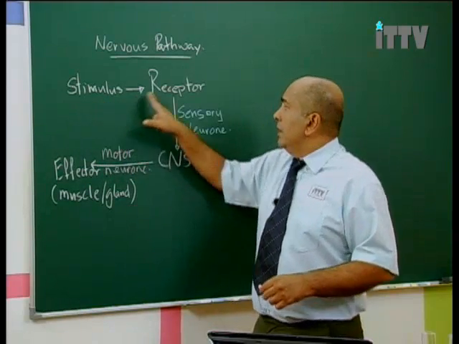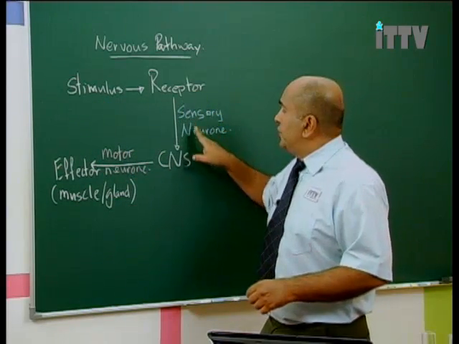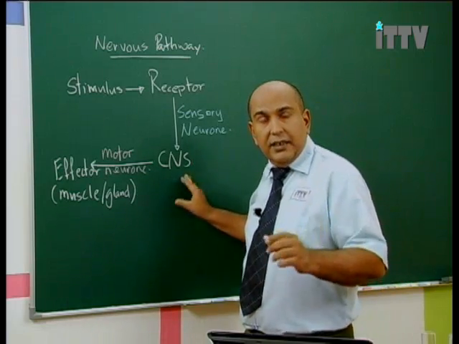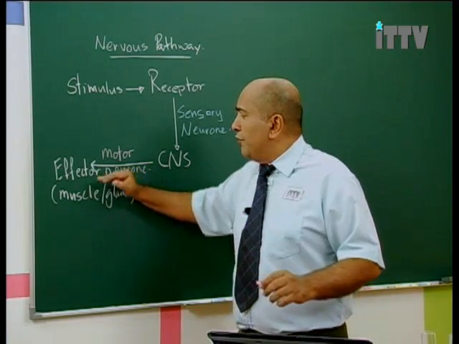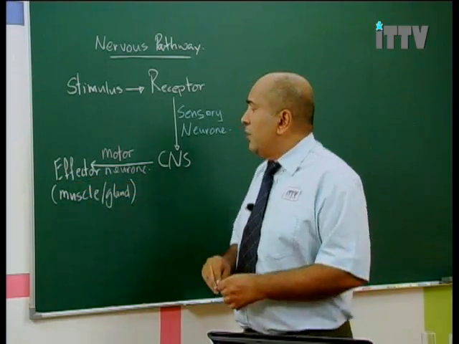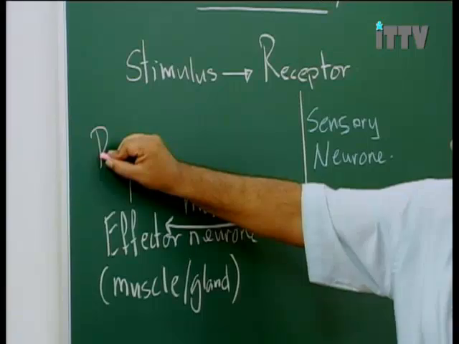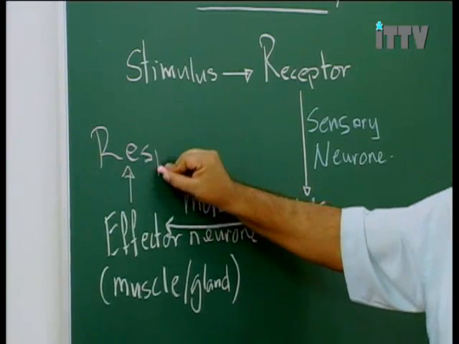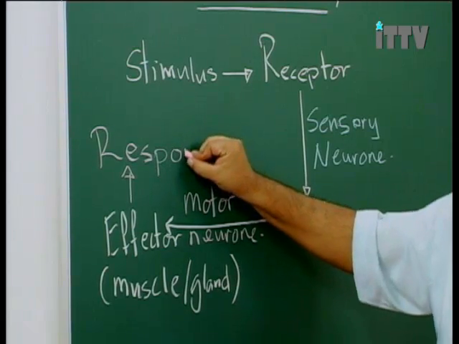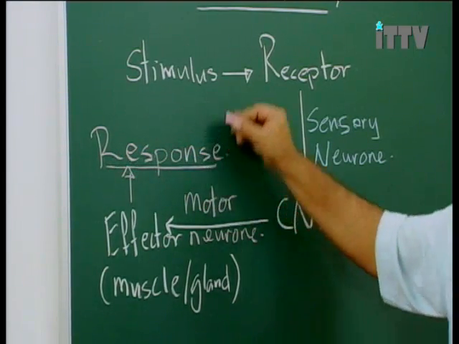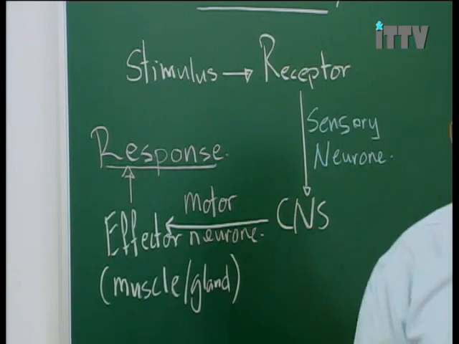Stimulus, receptor, sensory neuron to CNS. CNS does the analysis. We send it back through a motor neuron to the effector, and what we get finally here is a response.